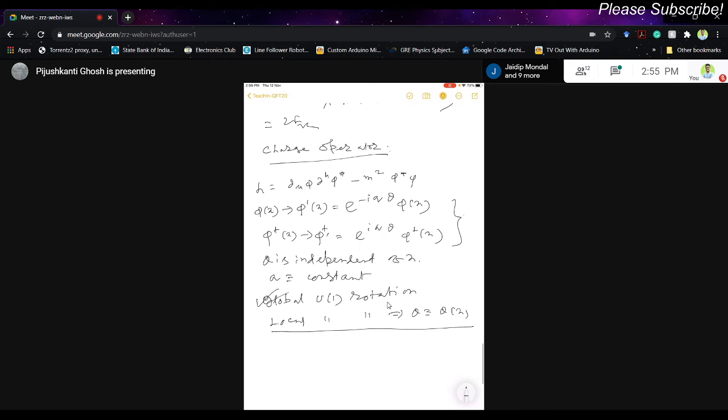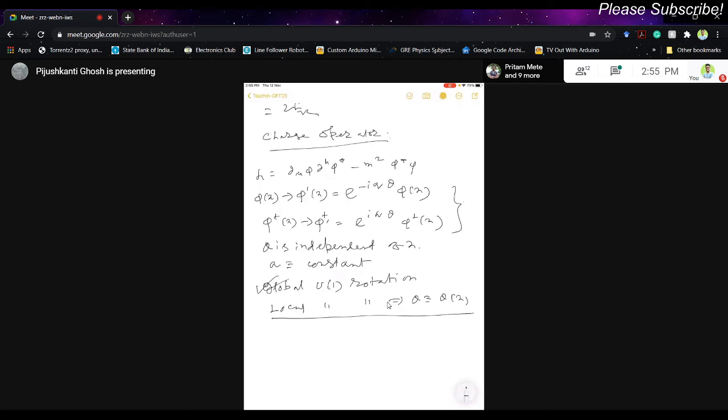Now just see that the Lagrangian goes to Lagrangian prime, then you have del mu phi prime star del mu phi prime minus m square phi prime star phi prime.